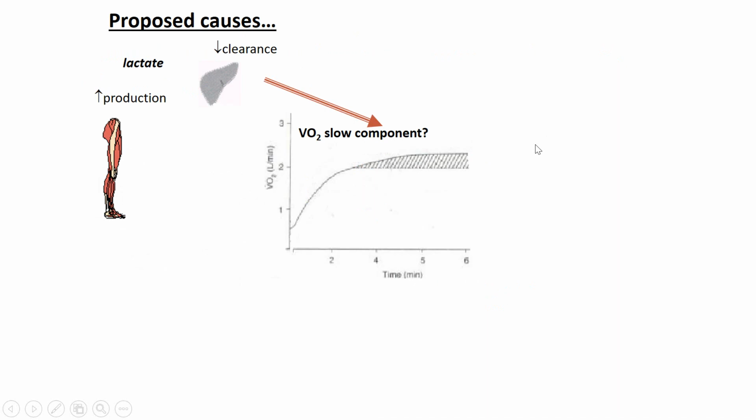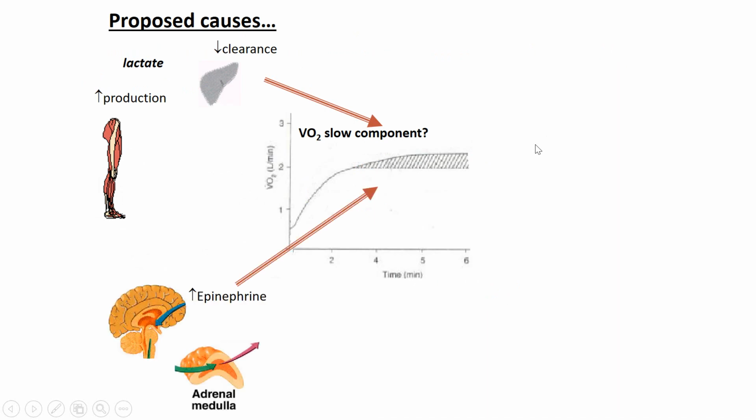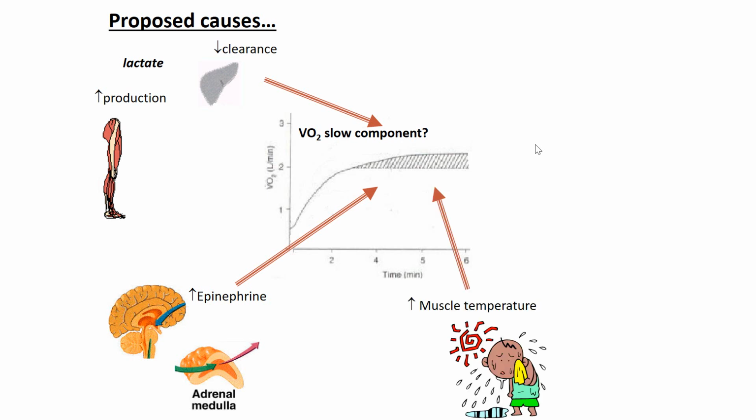There were a lot of purported causes that were investigated. Could it be the lactate? Could it be your intensity is higher? We know at higher intensities, epinephrine is secreted at higher levels. Could it be the Q10 effect, muscle tension? This idea that as you raise temperature, you raise metabolism.